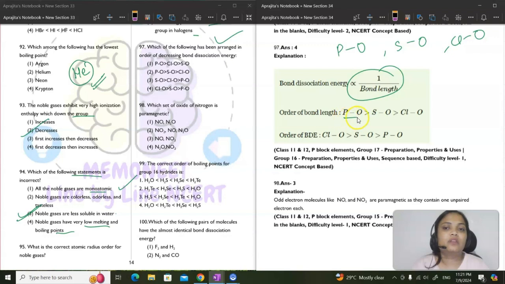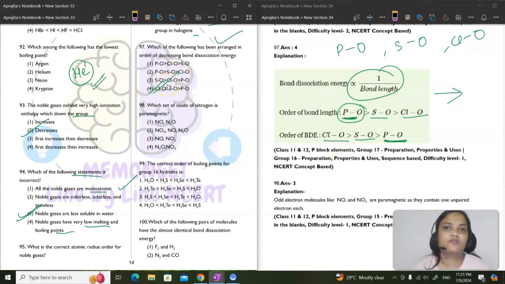The bond length is also based on the electronegativity difference. So the phosphorus-oxygen bond length would be the most, then sulfur-oxygen, then chlorine-oxygen, because we are moving left to right. So if the phosphorus-oxygen bond length is the highest, the bond energy will be the least. For sulfur-oxygen and chlorine-oxygen, the bond energy would be higher, highest for chlorine-oxygen. So the answer is option number 4.